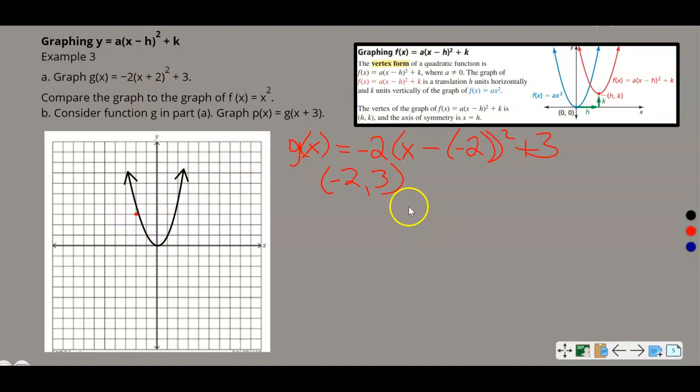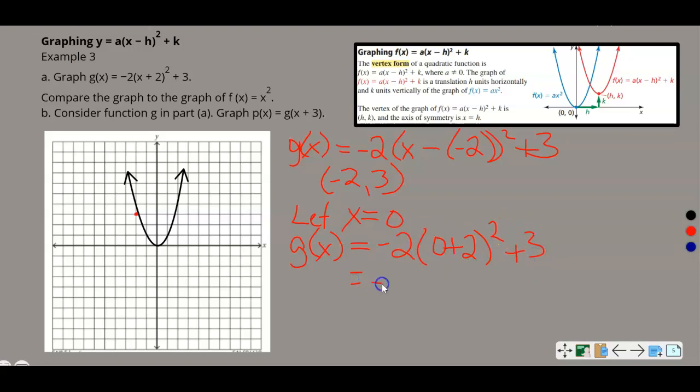So let's say let x be 0. 0 is always an easy point to substitute in as long as your vertex is not on the y-axis. You can always substitute 0 in. So if I do that, I'm going to have g of x equals negative 2 times (0 plus 2) squared plus 3.